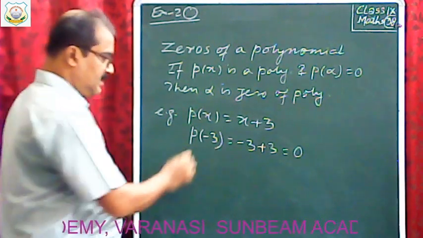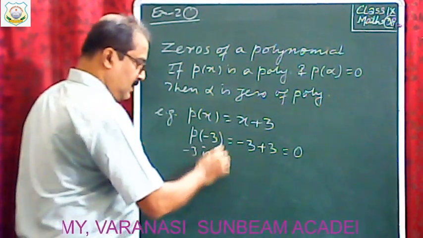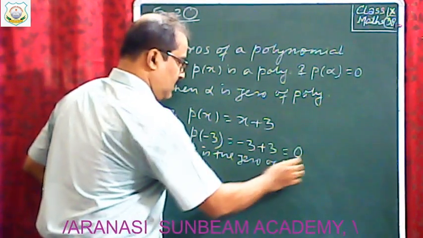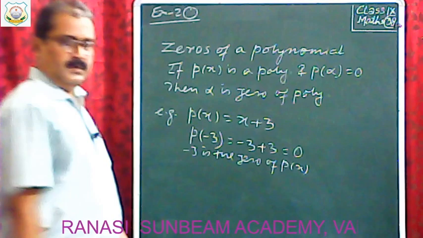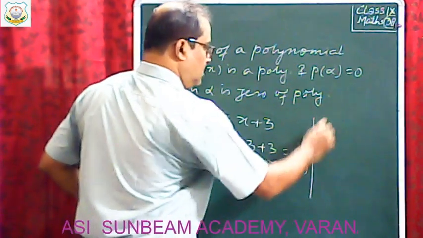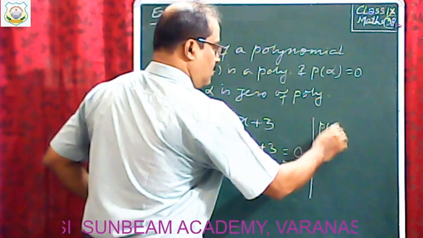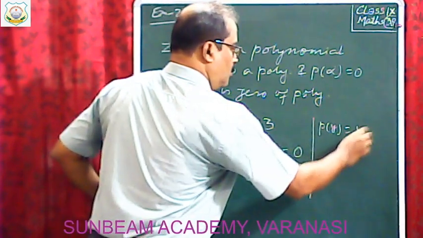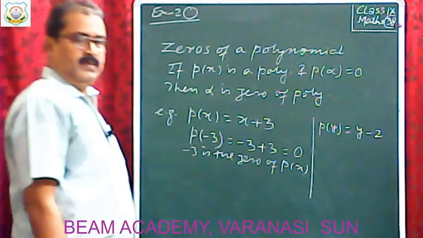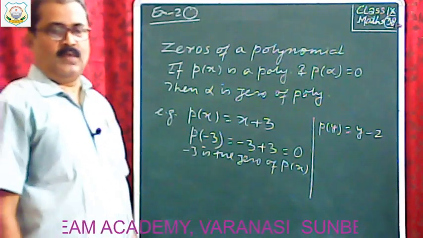Okay, then we can say that minus 3 is the 0 of p(x), isn't it? Similarly, suppose p(y) equal to y minus 2. P(y) is a polynomial that is equal to y minus 2.